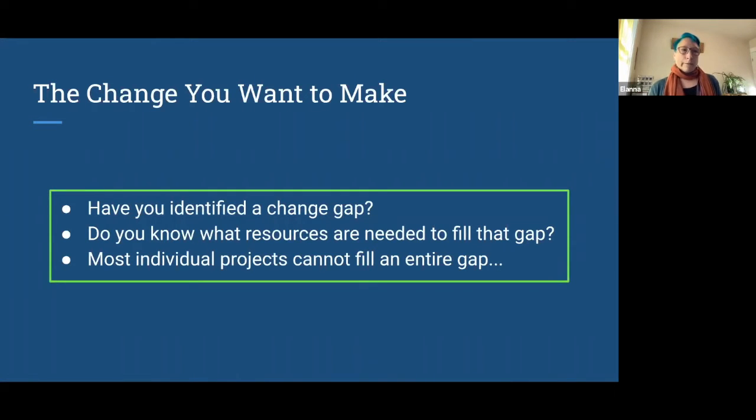So, for example, if you have connected with organizations that want to bring food to people who do not have enough food in their homes, it's difficult to have one organization fill an entire community's need for food, but you can move the dial a little bit closer to having everybody get the food that they need.